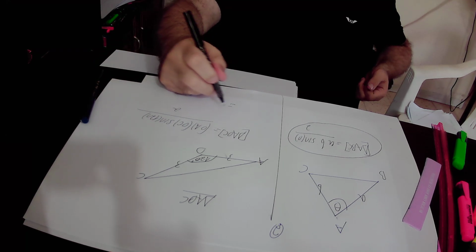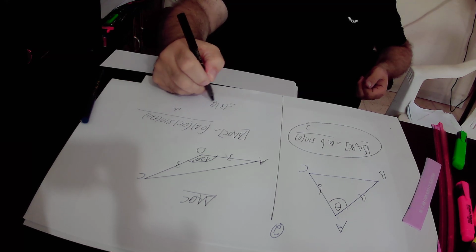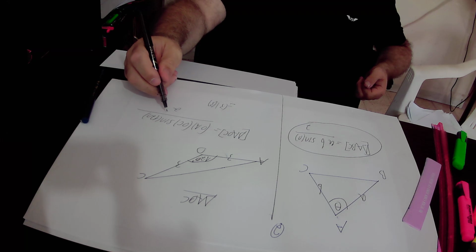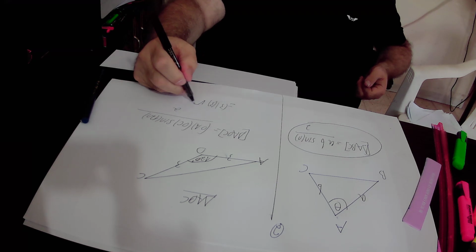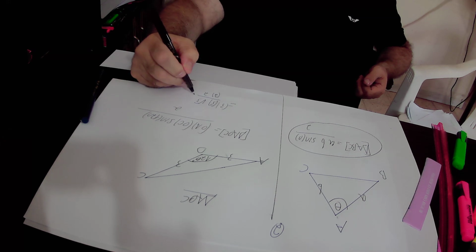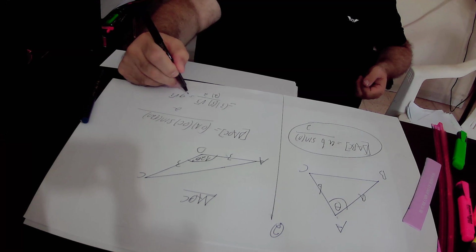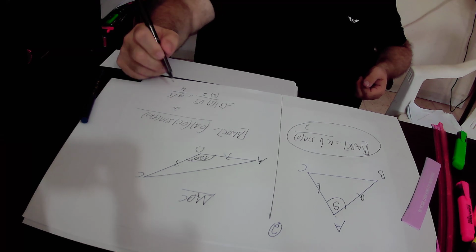So OA is 3, OC is also 3, sine 120 degrees is equal to square root of 3 over 2, all divided by 2. 3 times 3 is 9, so it is 9 times square root of 3 over 2 times 2 is 4.